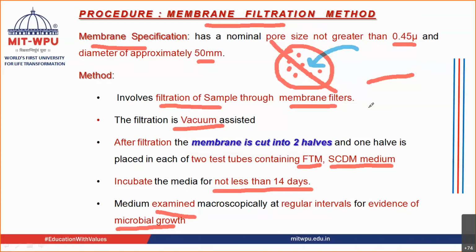You have prepared your fluid thioglycolate medium and soybean casein digest medium, as per IP. In those test tubes, you have put half of the membrane each, and then you incubated it, and then you have checked the microbial growth. So this is the first method, method A, that is the membrane filtration method.